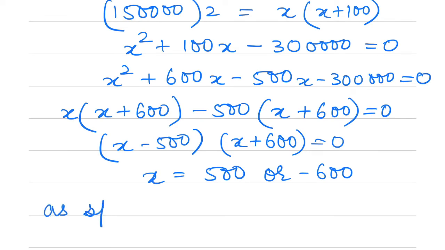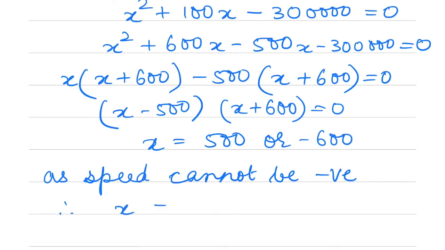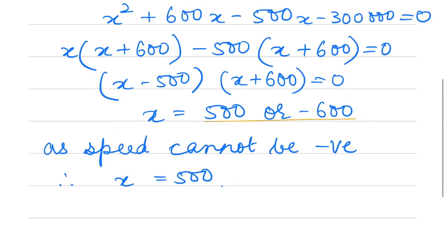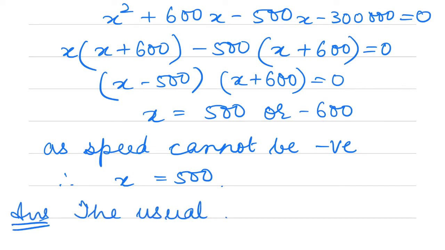As speed cannot be negative, x is equal to 500. Answer: the usual speed is 500 km/h.